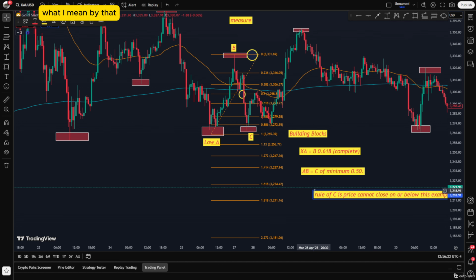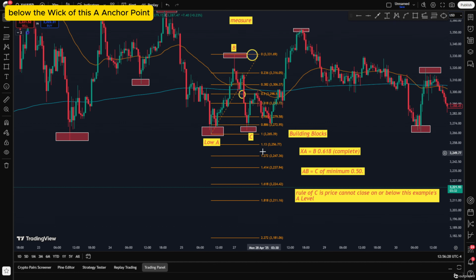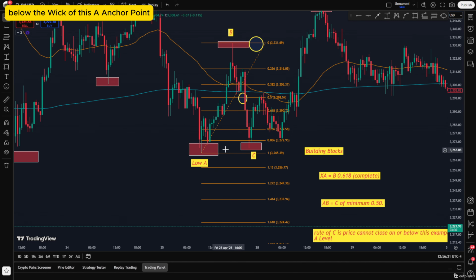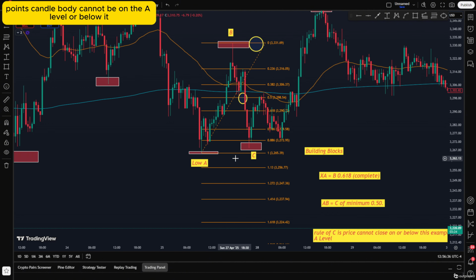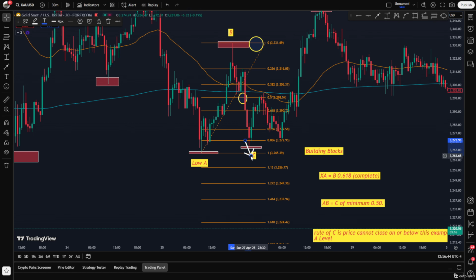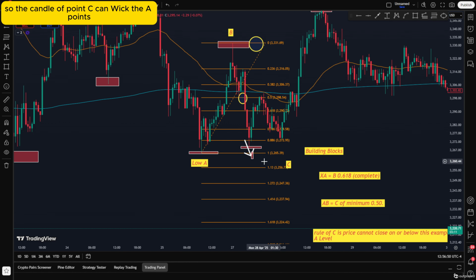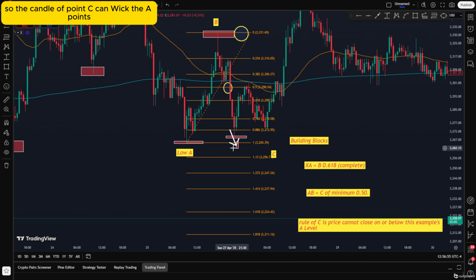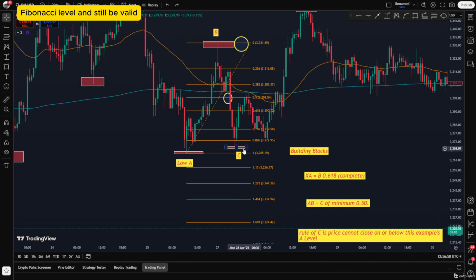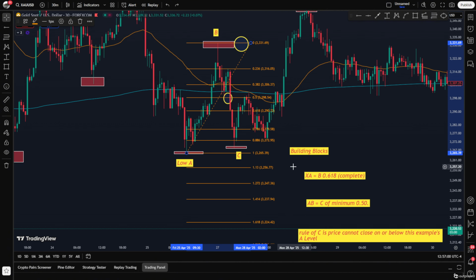What I mean by that is that if there was an imaginary line below the wick of this A anchor point, the C point's candle body cannot be on the A level or below it, or the whole thing is invalidated. So the candle of point C can wick the A point's Fibonacci level and still be valid. Moving on.